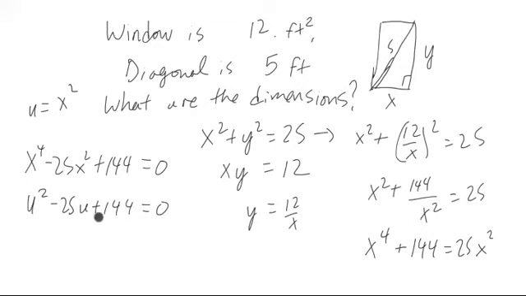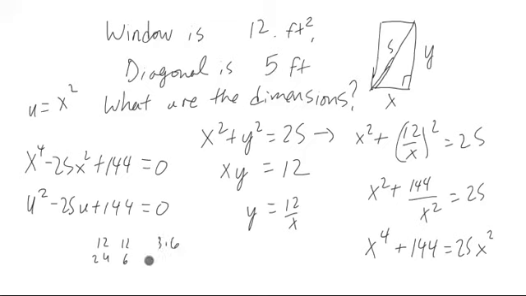So minus 25. So two things that add together and multiply to that. We know 12 and 12 does, let's see, 24 and 6. So we got 12 and 12, we got 24 and 6, or we got 8. So 18 is 3 times 6.